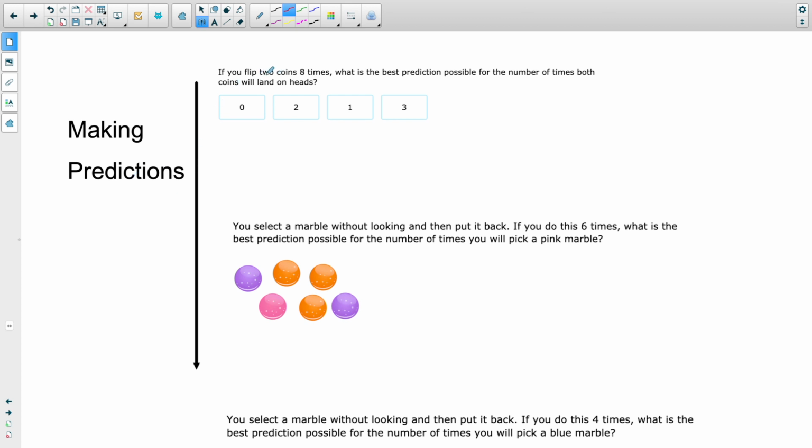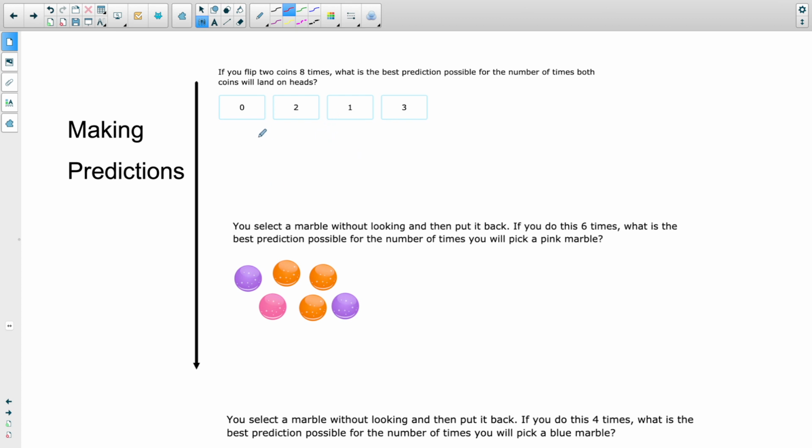So if I flip 2 coins 8 times, what's the prediction for the number of times both will land on heads? Well, how many different things can I have? I'm flipping 2 coins 8 times. Now, if I did my sample space, I would have a lot of different options. I could list out everything I could have.